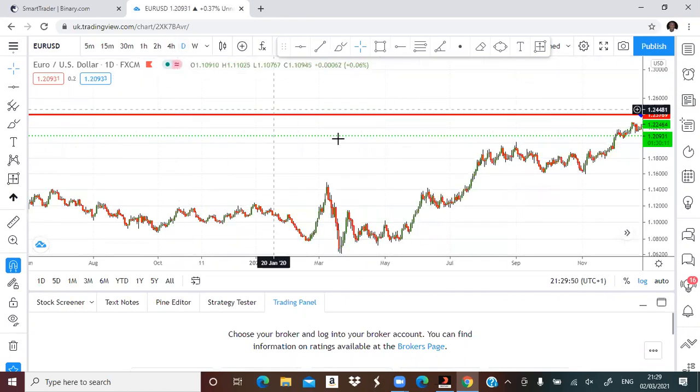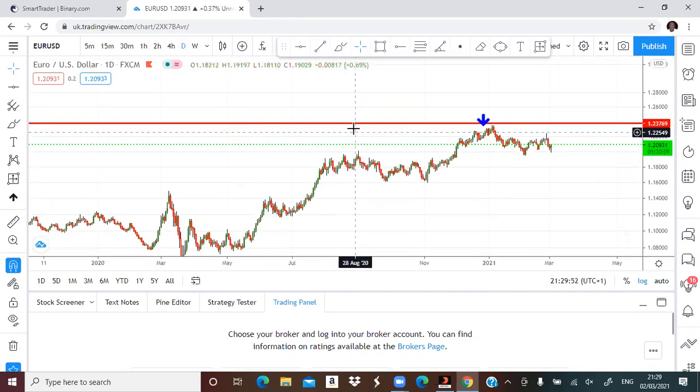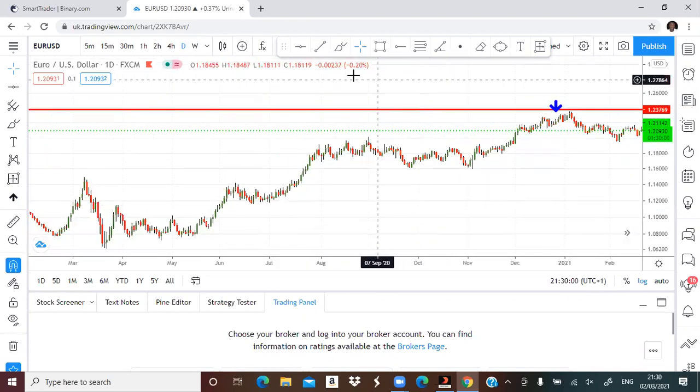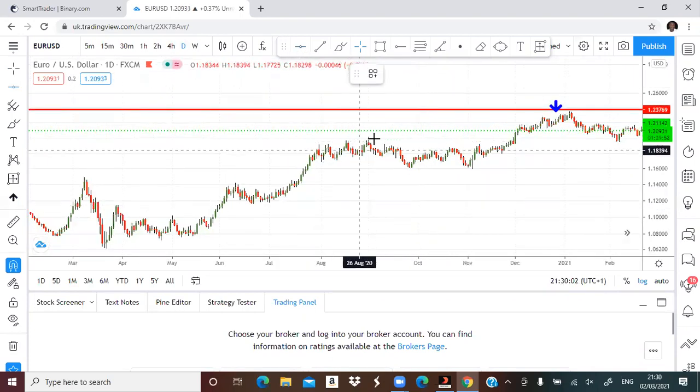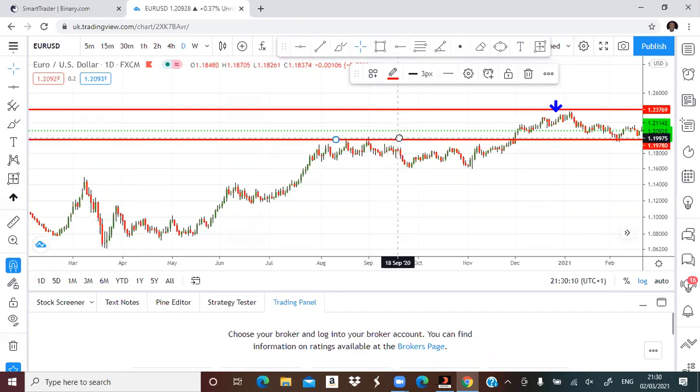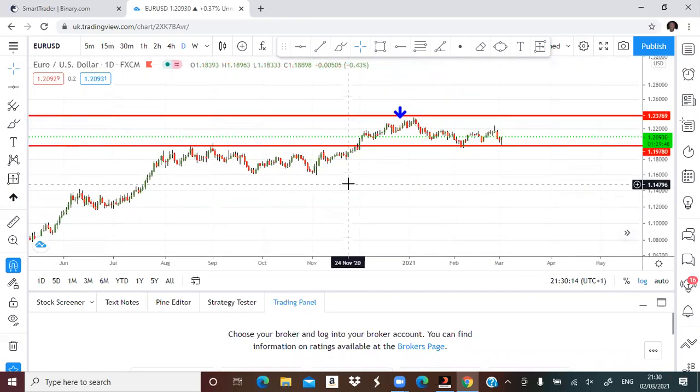So let's go back to daily and draw it with the daily time frame. Let's go back to the daily. So now you come here and you draw this here. Now we have used the 1 hour time frame. We are going to come back to daily.